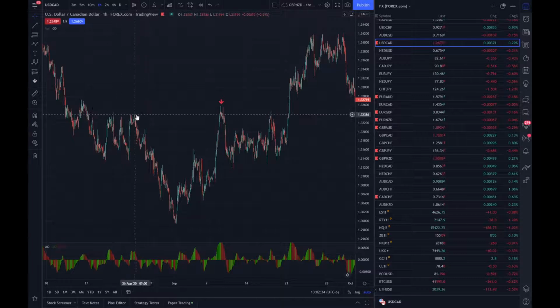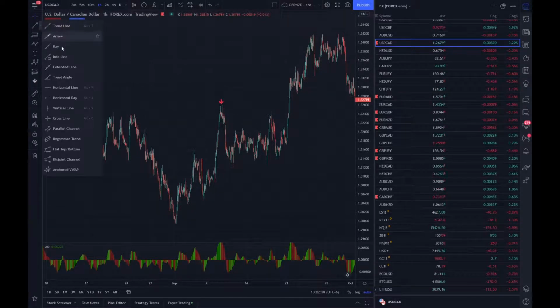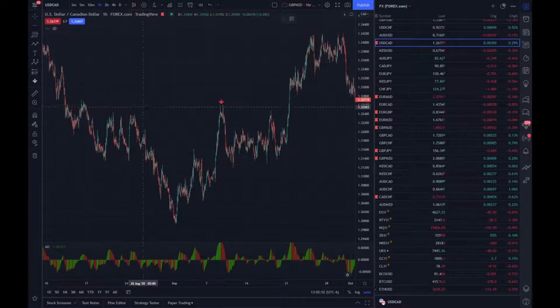There is some point of resistance. It was minor over here, but you can see that there's sort of a double top, almost a triple top in here before it goes lower. Then as the market wiggles back up, it went higher, but not by much. So automatically, this becomes a point of interest for me.